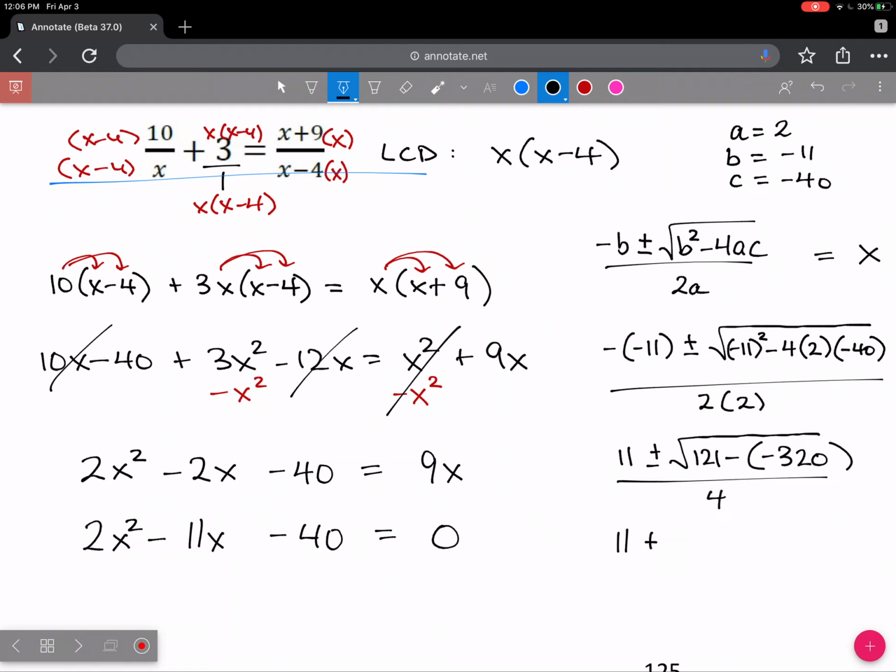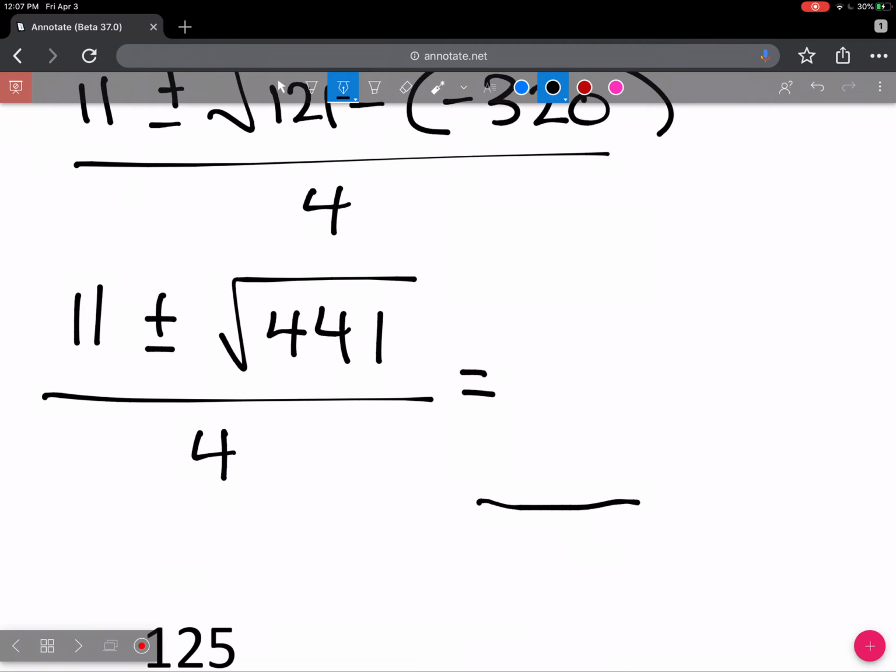So 11 plus and minus the square root of 121. Negative negative means plus, so 121 plus 320 is 441 all over 4. Now the square root of 441 is perfect. So we end up with 11 plus and minus 21 all divided by 4.